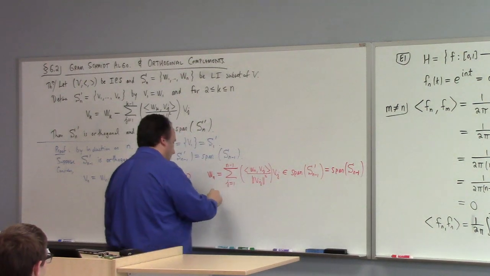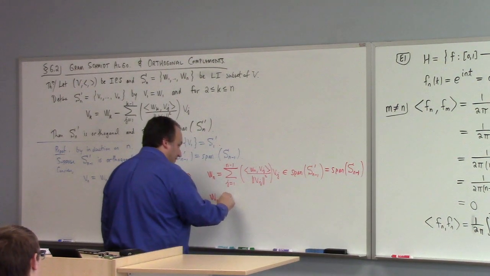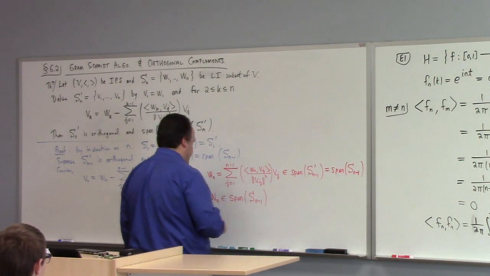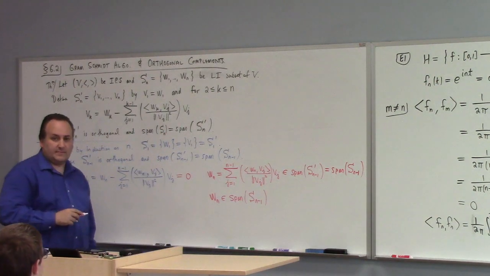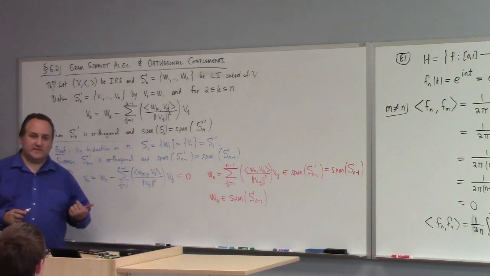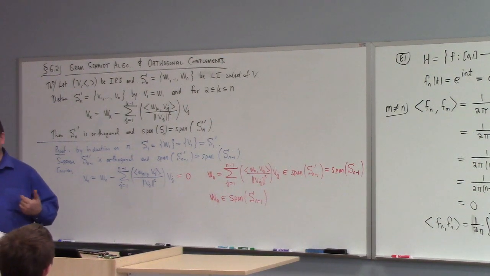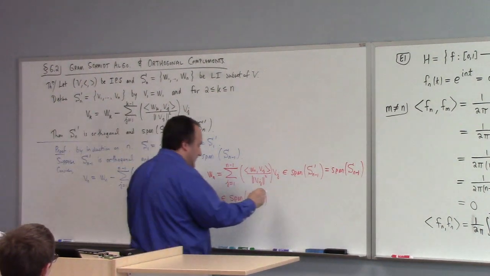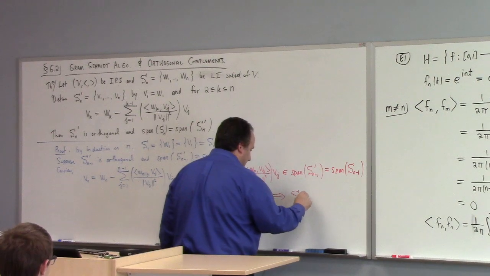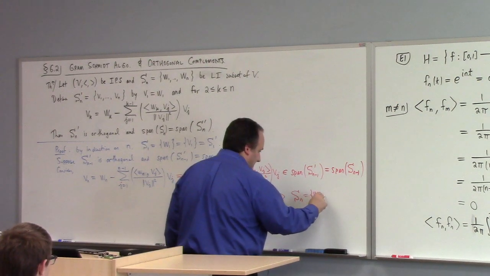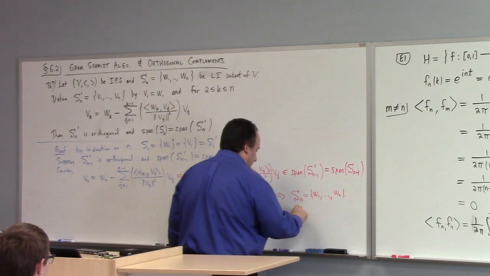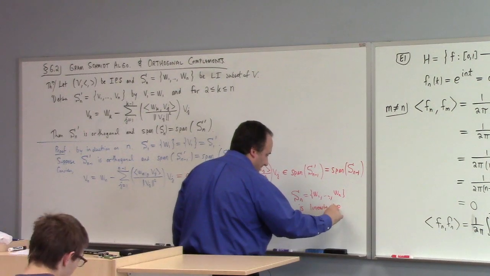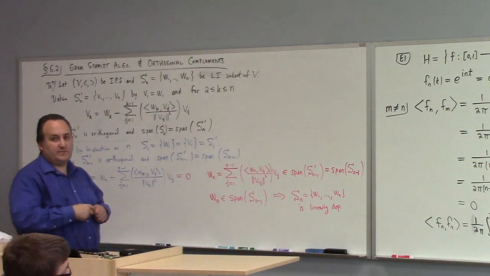So what does that say? That says that Wn is an element of the span of S sub n minus 1, which means that Wn is a linear combination of W1 through Wn minus 1, right? That means that Sn, which is W1 through Wn, is linearly dependent. But what did we assume about Sn?